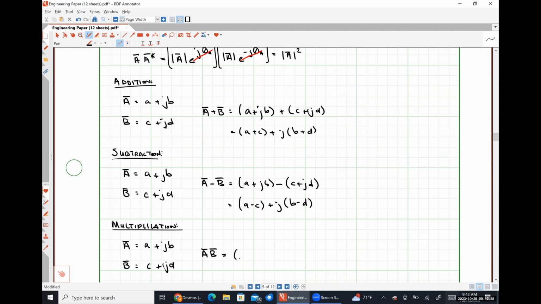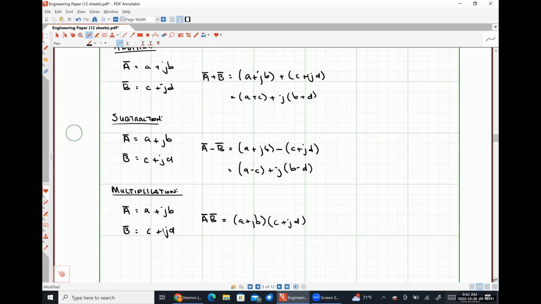So now that I'm going to expand it out, I'm going to do A plus jB in parentheses times C plus jD in parentheses. And I am going to simply FOIL this out like you learned to do in your high school algebra classes. So that's going to look like AC plus jAD plus jBC plus j squared BD.